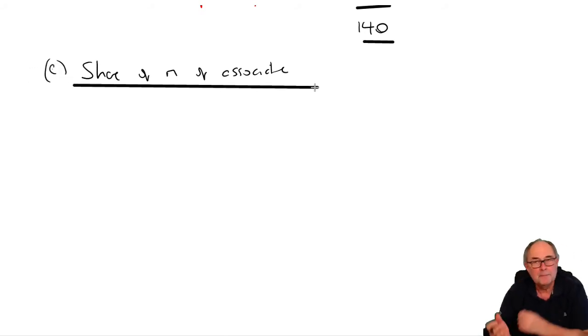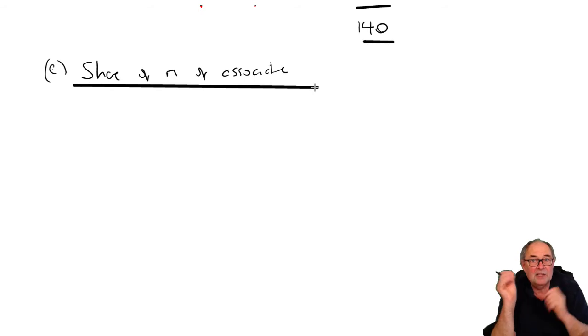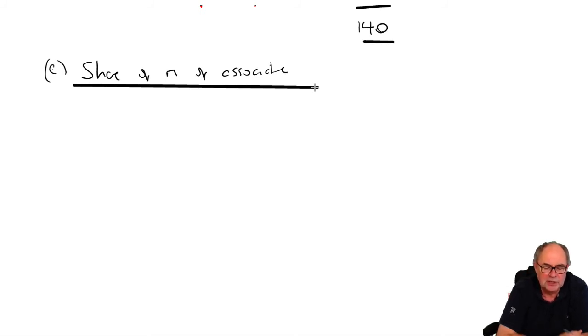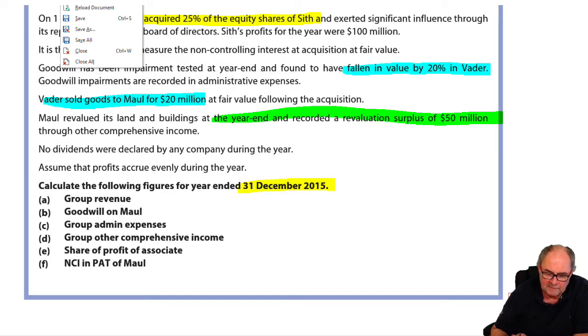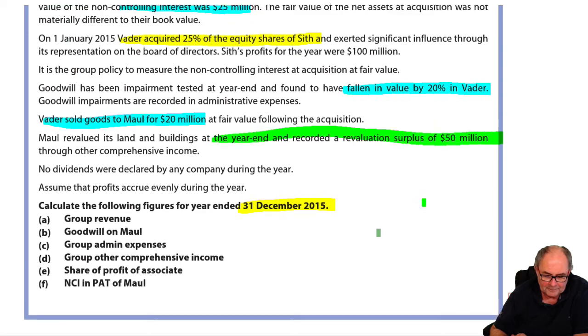And remember, this is the share of the associate's profit for the year. In the P&L section of the SPLOCI, we show the share of the associate's profit. In the OCI section, we'd show the share of the associate's OCI. So let's take a look here, see if we can find the data.